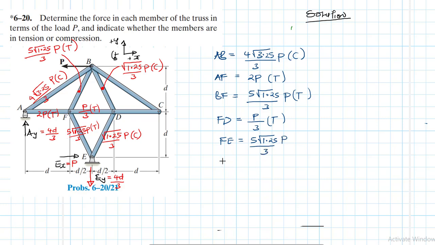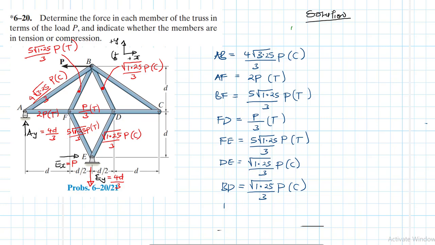And member DE is equal to root of 1.25 divided by 3P, and this one is compression. FE is in tension. And we have BD, which is equal to root of 1.25 divided by 3P, and this one is in compression.